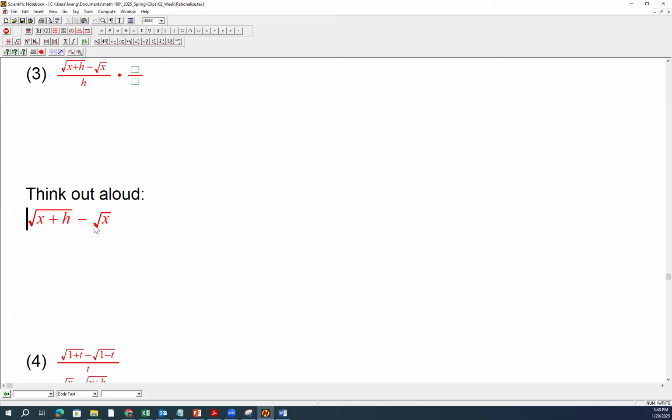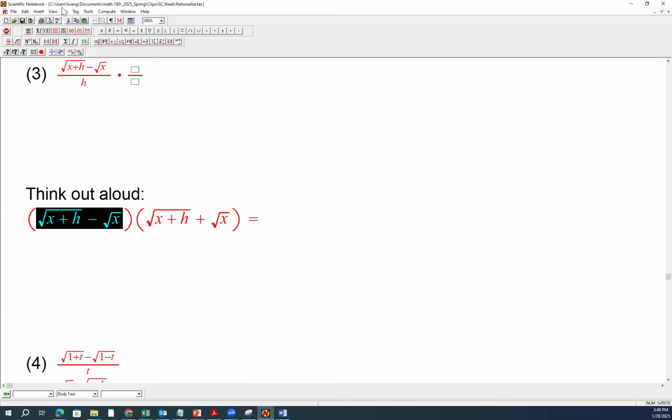And this piece, its conjugate would just be, this is the minus, and you change it to plus. And according to the formula, a minus b times a plus b, we're gonna have a squared minus b squared. So that's where we are heading.